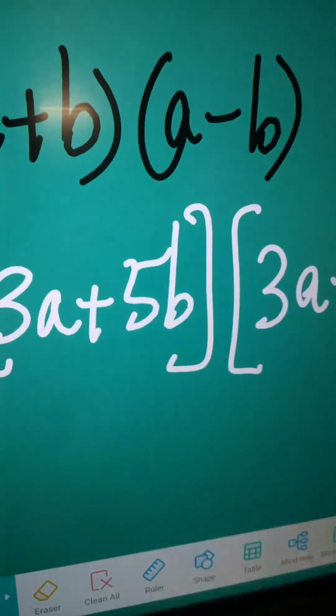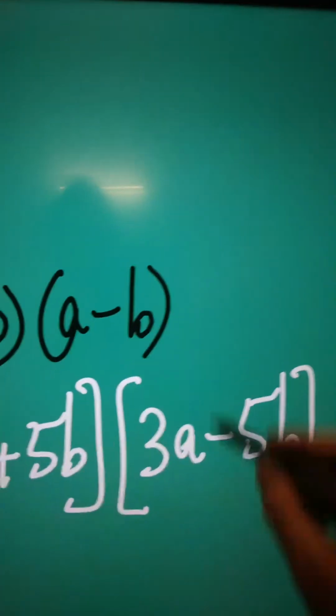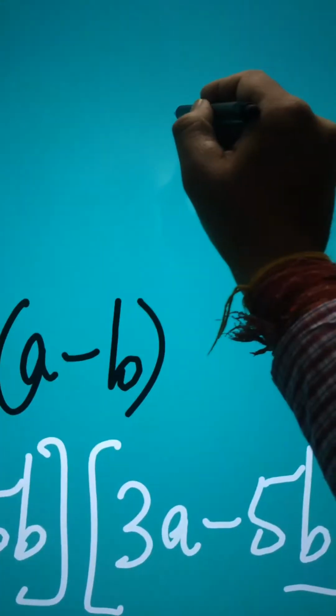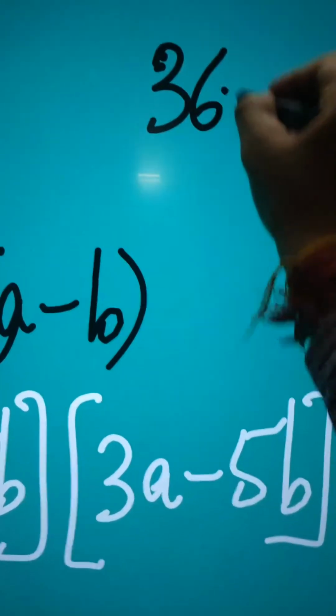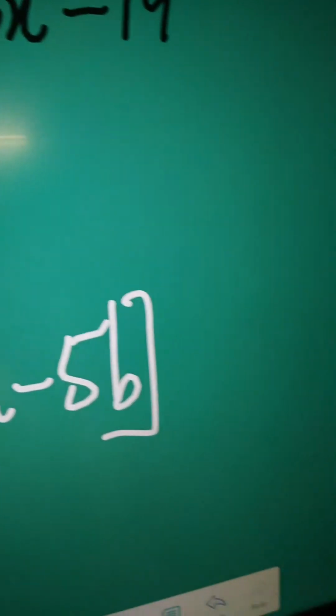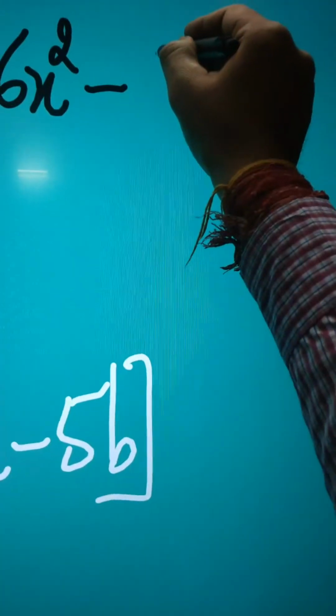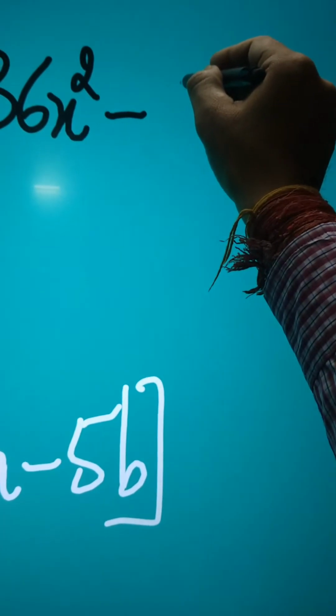Okay, so how will you identify which method is to be used? Take one more example and then try it. I am taking a big number.